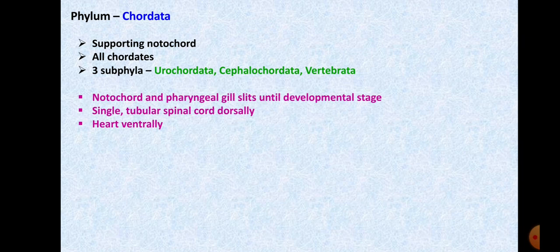Then all the chordates on this planet are included in this phylum. It's very huge. And further, in the phylum Chordata, you have 3 subphylums: Urochordata, Cephalochordata, and Vertebrata. Okay, as we move on to each of the subphylum, we'll be seeing why they are being named specifically this.